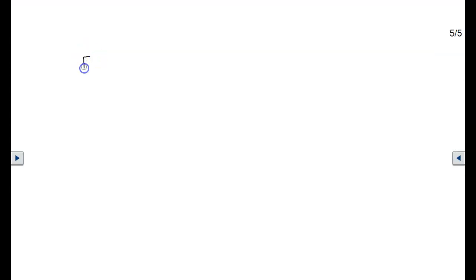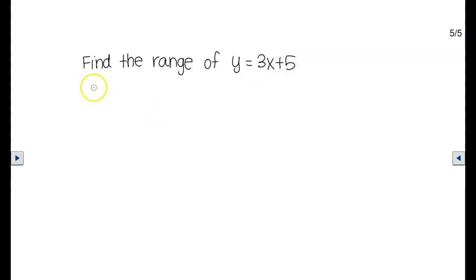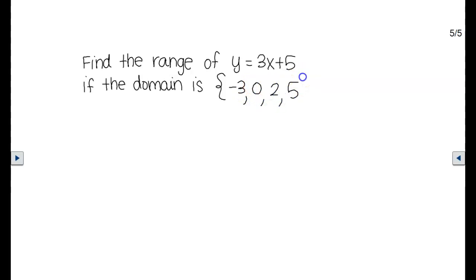And this one is going to look a little different. So this problem is going to say, find the range of y equals 3x plus 5 if the domain is -3, 0, 2, and 5.